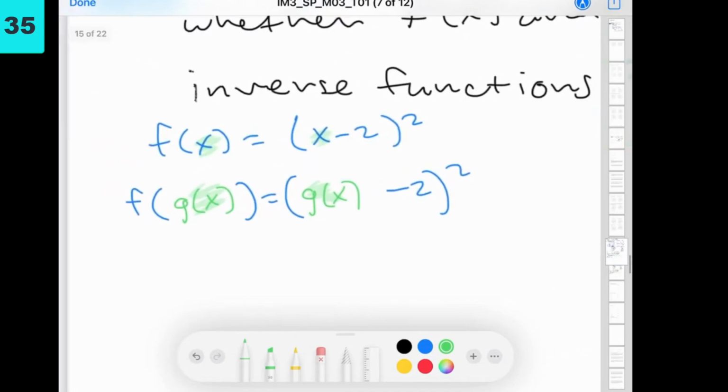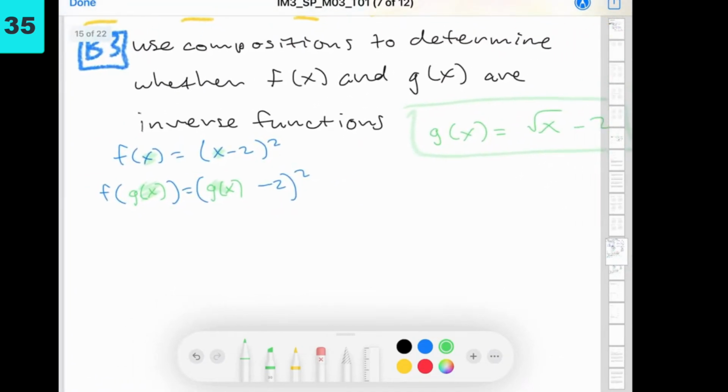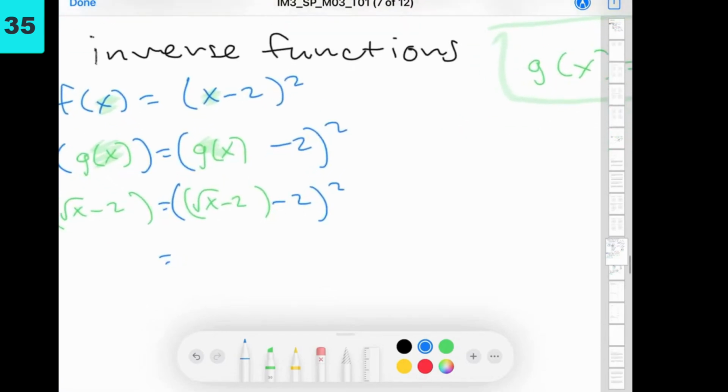These are called compositions. And instead of writing g of x, we are going to write square root of x minus 2. And everything in blue is the same. Don't worry about the left side. So let's work on the right side over here.